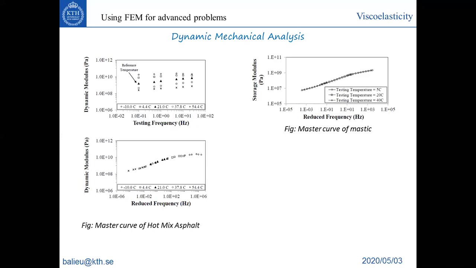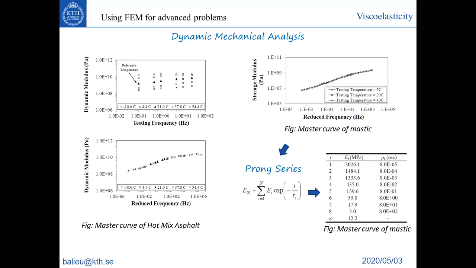So this has been done on asphalt, and this is the same on mastic. The result of this Prony series has been used to fit this on mastic, and this is the Prony series that you are using in exercise B.